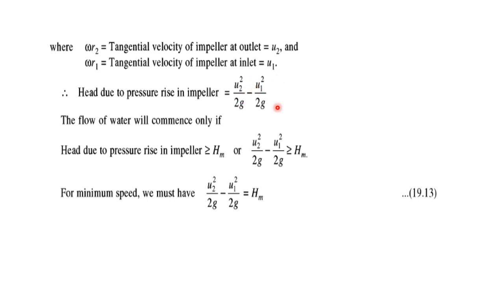The flow of water will commence only if the head due to pressure rise in the impeller is greater than or equal to the manometric head Hm. So I can write u2 square upon 2g minus u1 square upon 2g greater than or equal to Hm. For minimum speed, we must have u2 square upon 2g minus u1 square upon 2g equal to Hm.